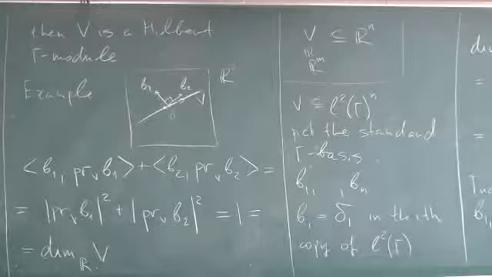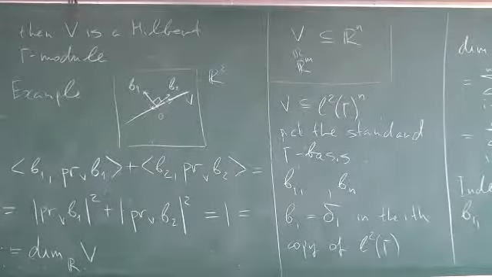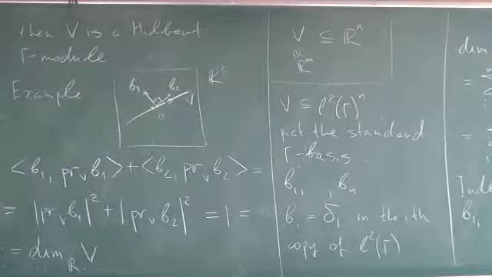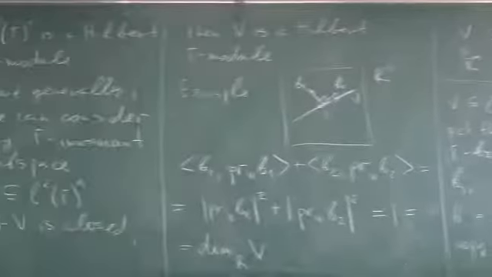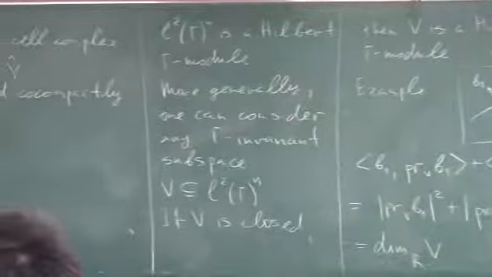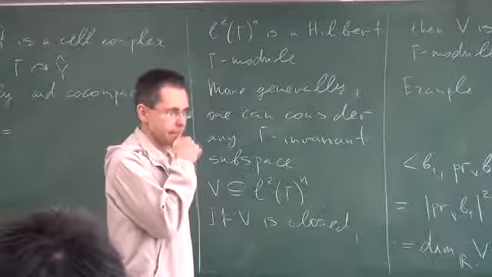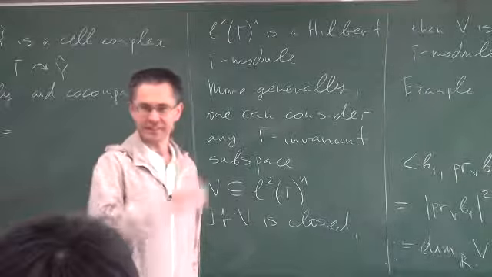Is it very trivial that projection is well defined? Yeah, I should have said. It's a standard fact from Hilbert spaces, right? A projection is well defined when the space is closed. It's not completely obvious, but I will just leave it as is.